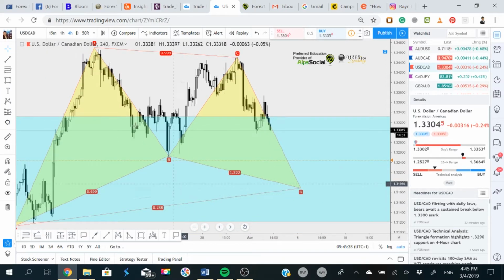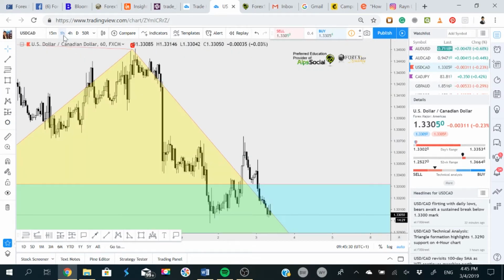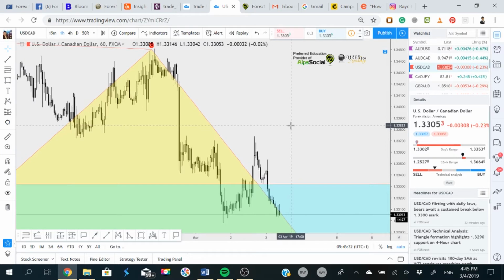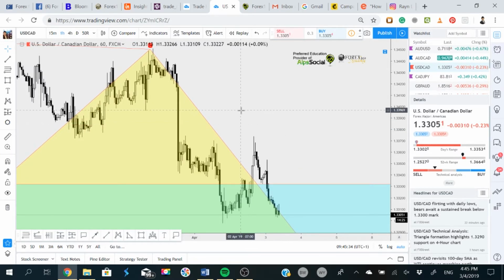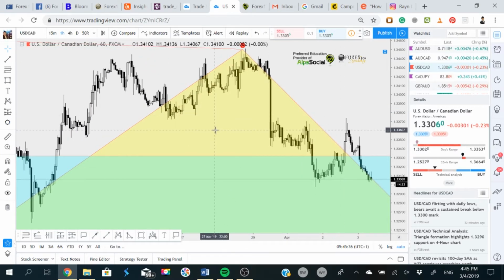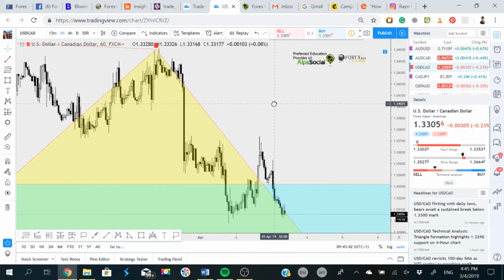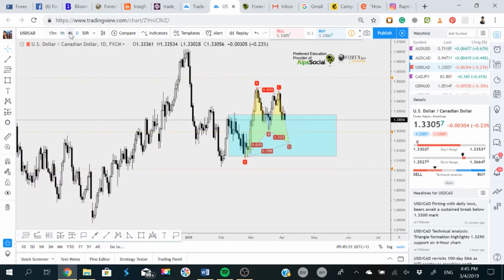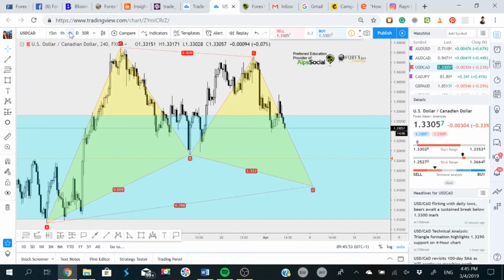Head down to the 1 hour chart. It looked pretty much on the bearish side after the 2 breaks over here. So 2 breaks form a zone on the 1 hour chart. Contrary, this is the selling point. But on my higher time frame, I'm looking for a buying opportunity, so I'm going to focus on buying. That's for me.